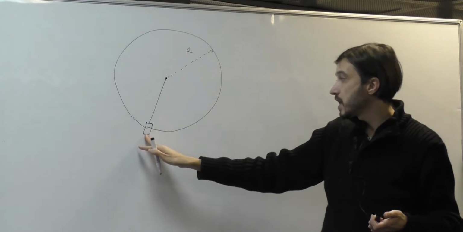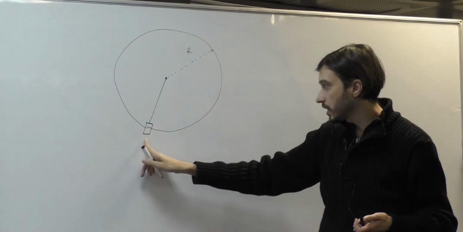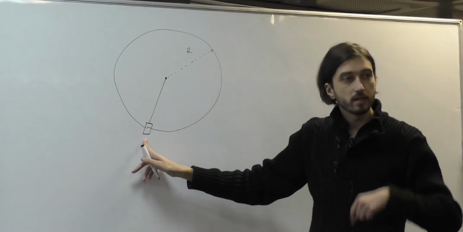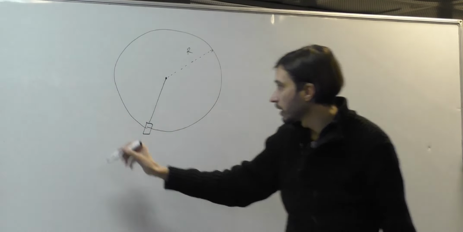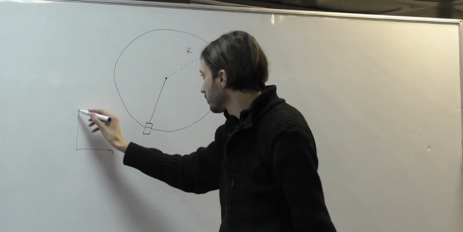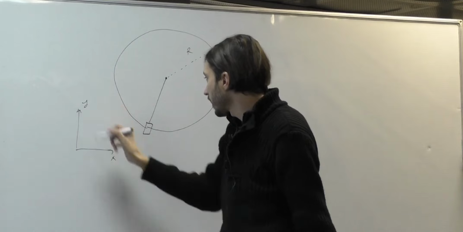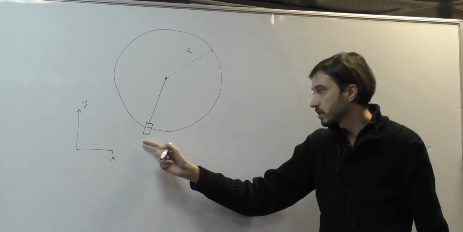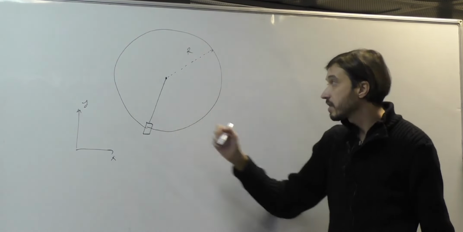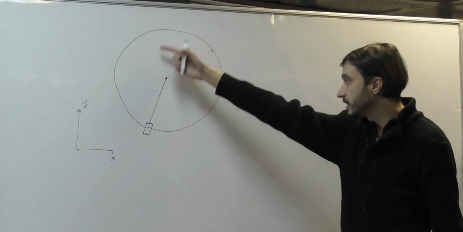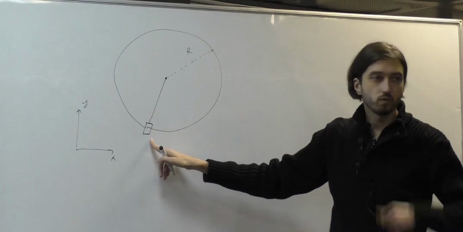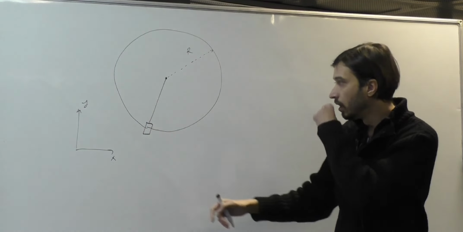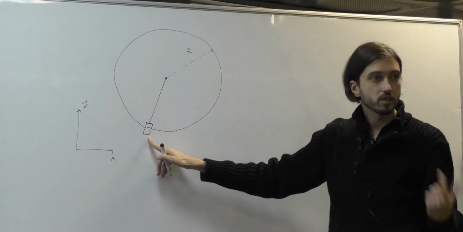So when I'm measuring positions of this mass, I will be getting two numbers. I will have some coordinate system in here, x, y, and I'll be measuring some numbers. But if I think carefully and I know what this system is, I should know that just one number is enough to describe its position.